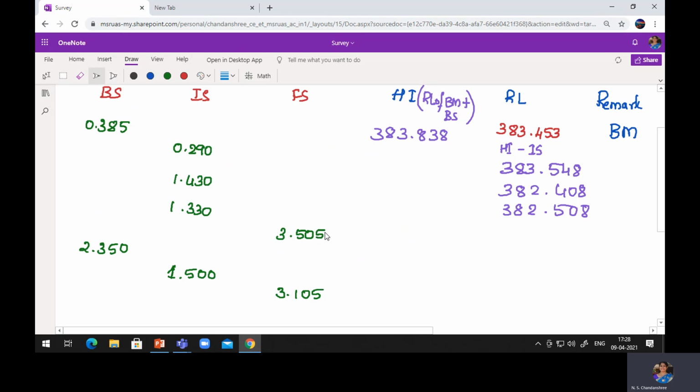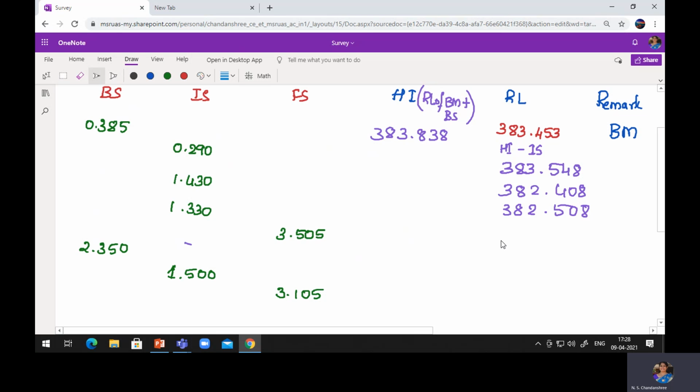Now the next RL can be calculated with the same formula, but instead of intermediate sight we will use foresight. In this row there is no intermediate sight, so we will use foresight. So 383.838, height of the instrument, minus foresight 3.505.